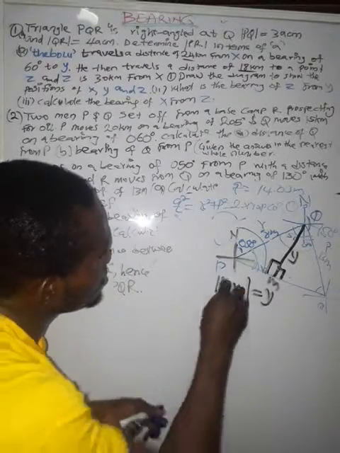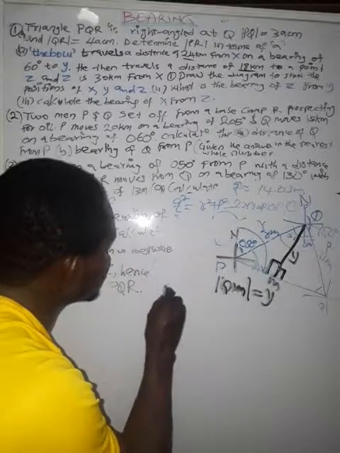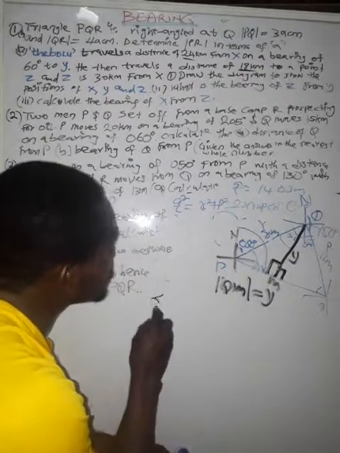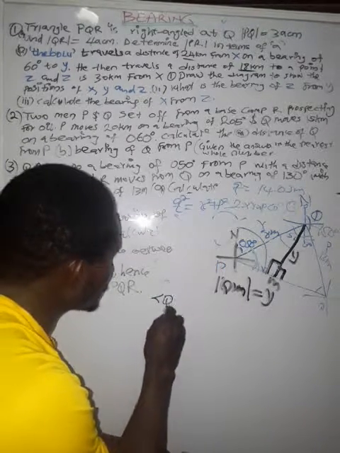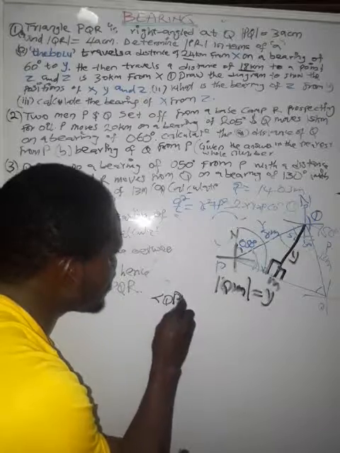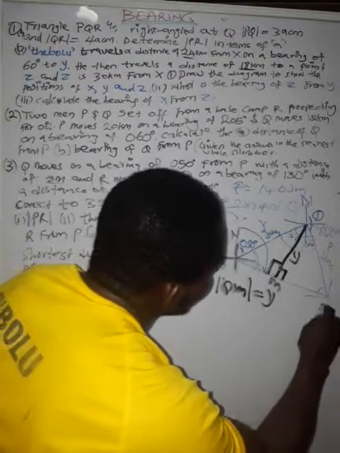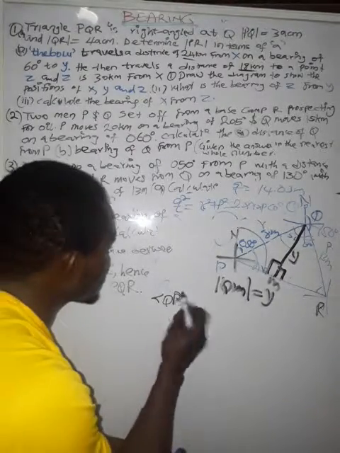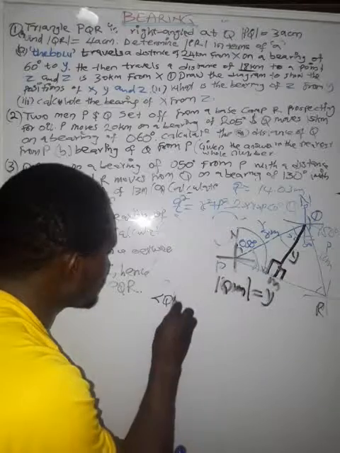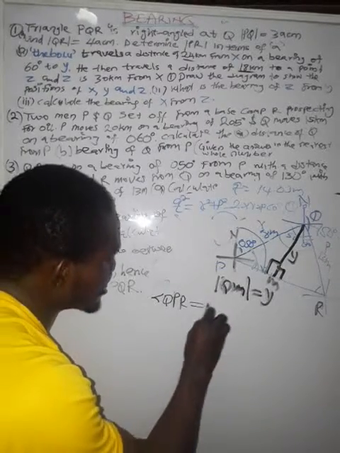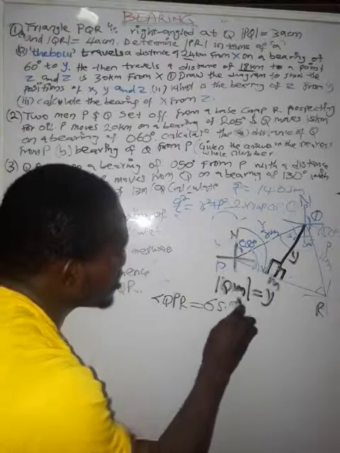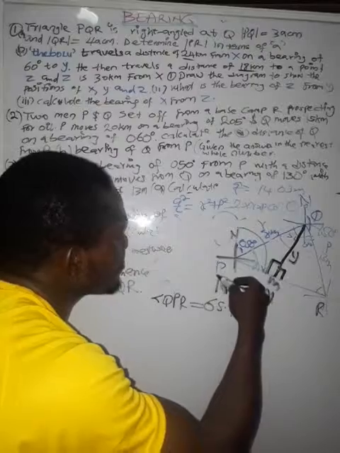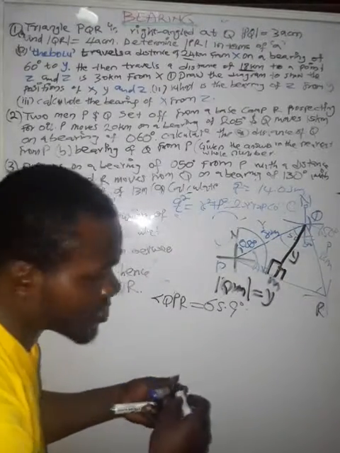This angle P here, let me call it angle QPR. We got this one the other time at 65.9 degrees. So I can now use opposite over hypotenuse because of the right angle. This PQM is a right angle triangle.